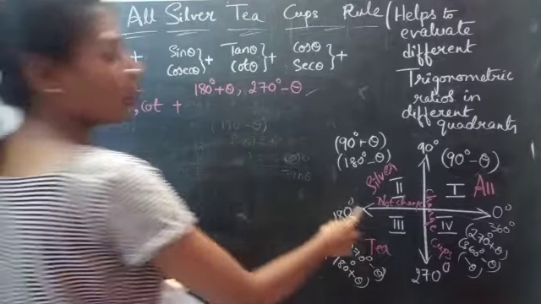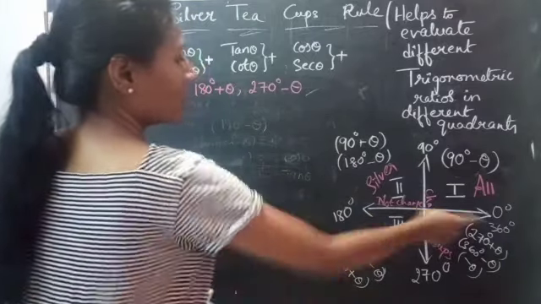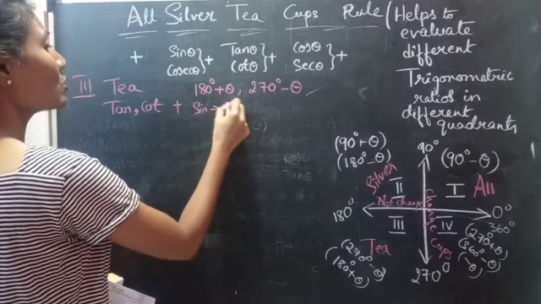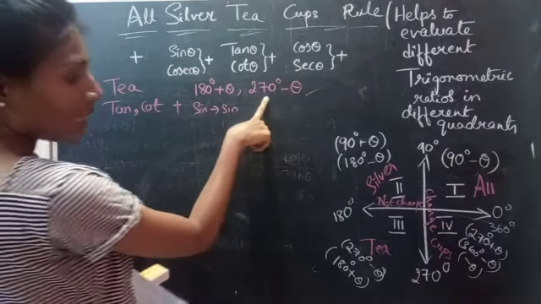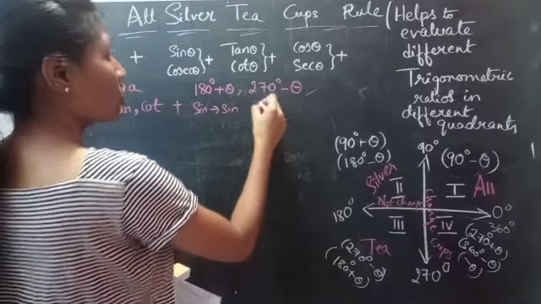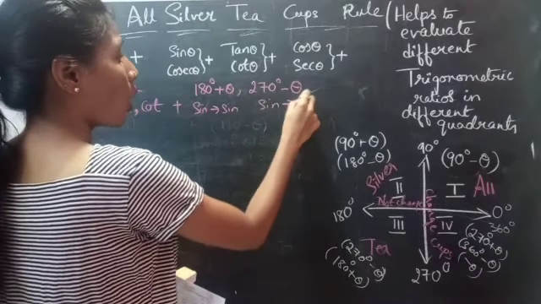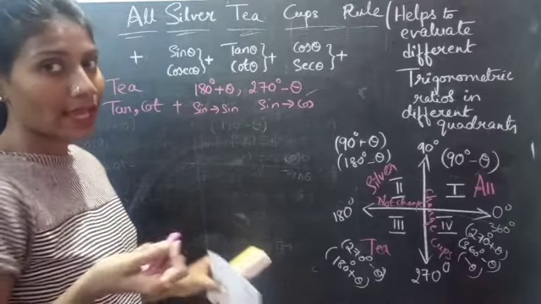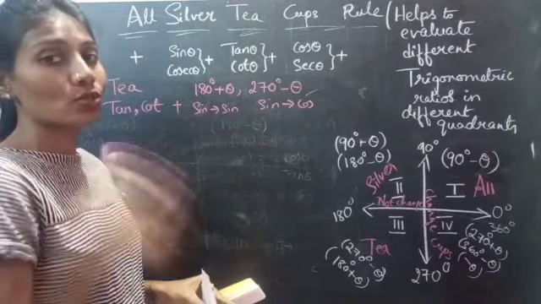For 180, trigonometric functions will not change, so sine to sine, cos to cos, like that you'll get. And for 270, they change: sine to cos, cos to sine, tan to cot, cot to tan, secant to cosecant, cosecant to secant.